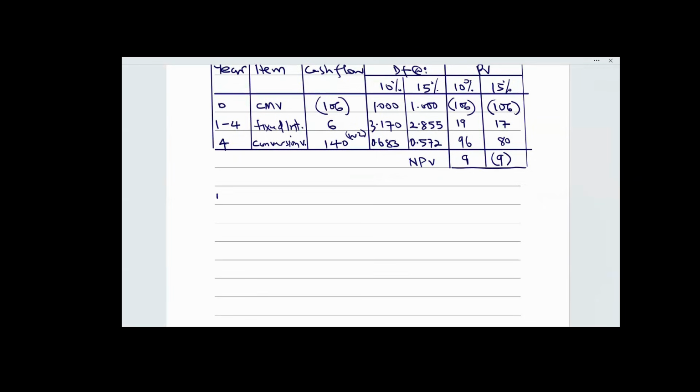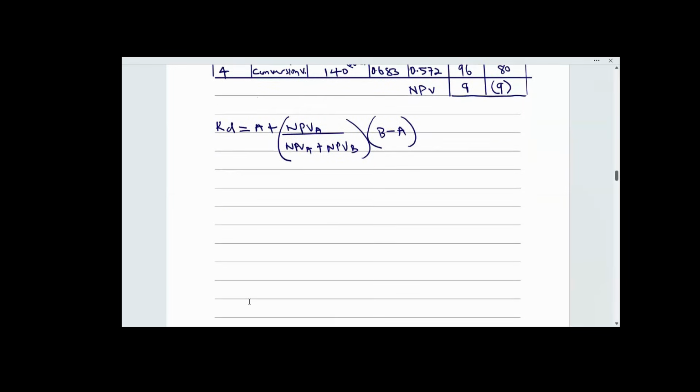We can then proceed to calculate the cost of convertible debenture, which is the internal rate of return. Lower discount rate plus NPV of the lower over NPV of the lower discount rate plus NPV of the higher discount rate, all multiplied by higher minus lower discount rates.